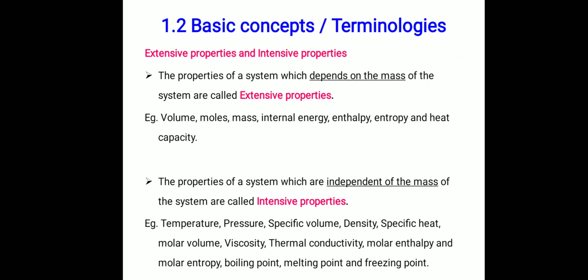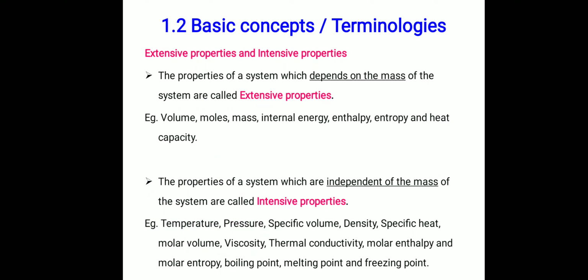Then the other concepts are extensive properties and intensive properties. What is an extensive property? The properties of a system which depend on the mass, for example, volume, moles, mass, internal energy, enthalpy, entropy, heat capacity. And what is an intensive property?